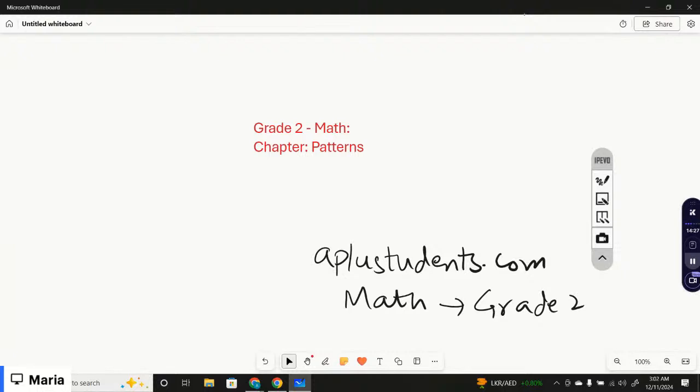We're going to start with the chapter patterns. So please make sure you have your notebook and pencil so that you can note down the important examples and definitions as well.